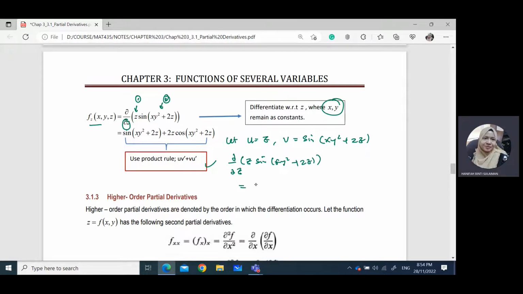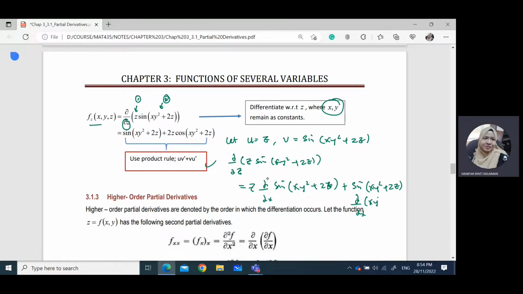It is equivalent to u v prime. So our u here is z, times v prime, the derivative of sine of xy squared plus 2z. Okay, and then plus v u prime. So v here is sine of xy squared plus 2z, multiplied by the derivative of u.